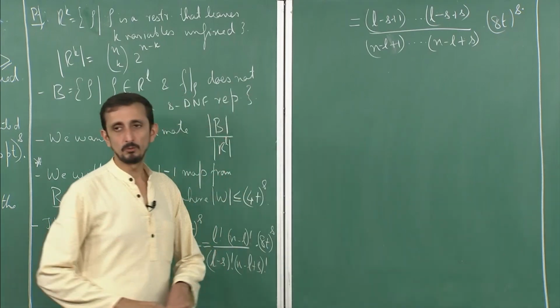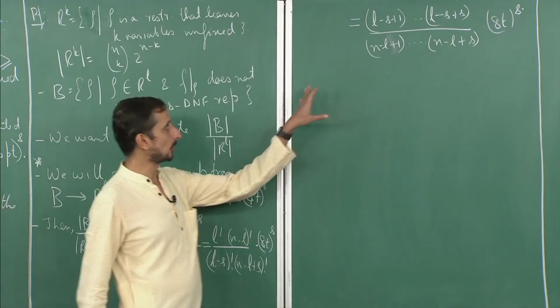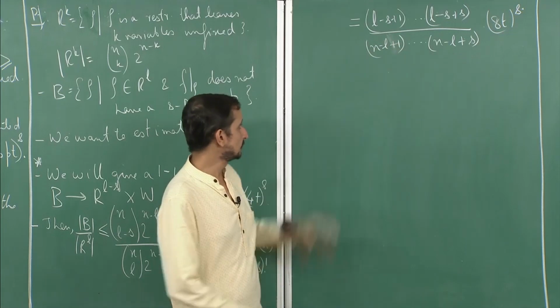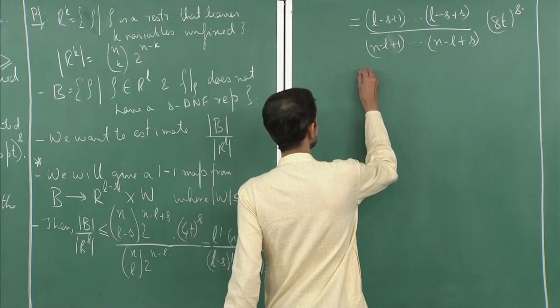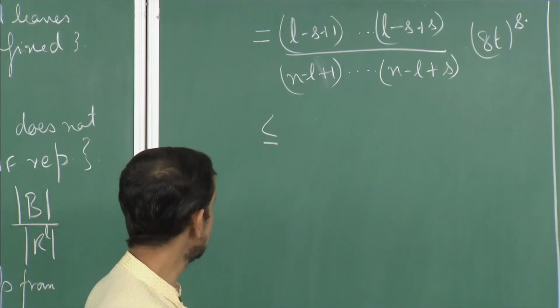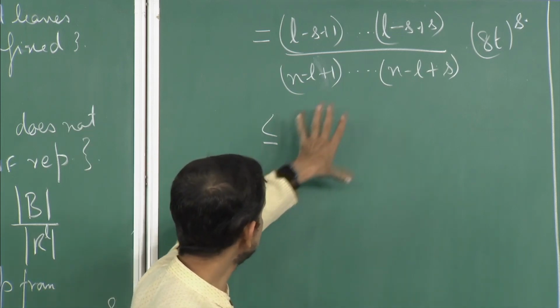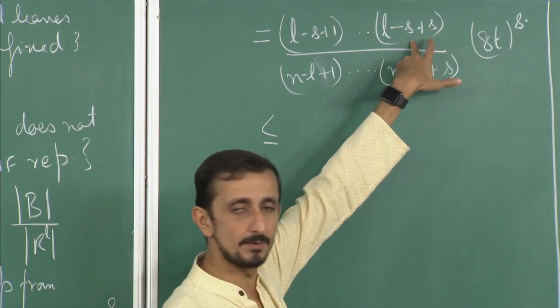Okay. So note that both in the numerator and denominator we have a product of S terms. So now I want to upper bound this. I can upper bound this as follows. This is S times the maximum term over here.